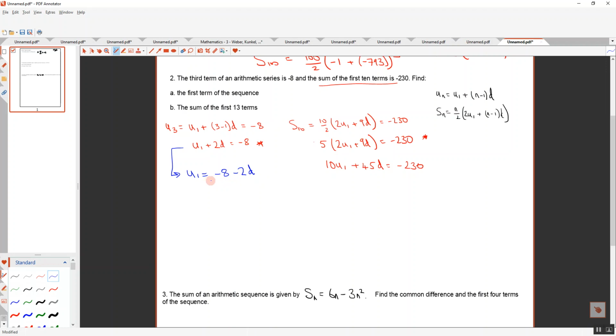And then I'm going to sub this into here. So I've got 10 multiplied by u1, which is negative 8 minus 2d, plus my 45d is equal to negative 230.